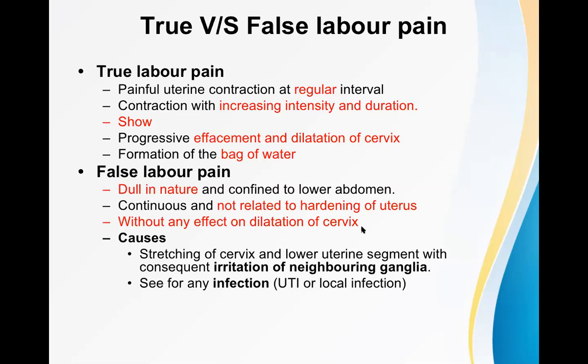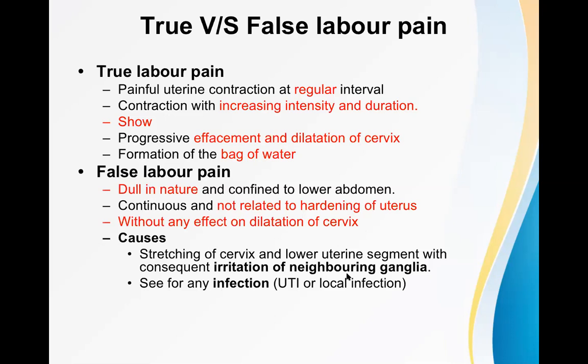This is false labor pain. Now, it is not because of uterine contraction, right? So it has to be because of some other causes, and those are stretching of the cervix and lower uterine segment with consequent irritation of neighboring ganglia. So this is because of irritation and stretching.